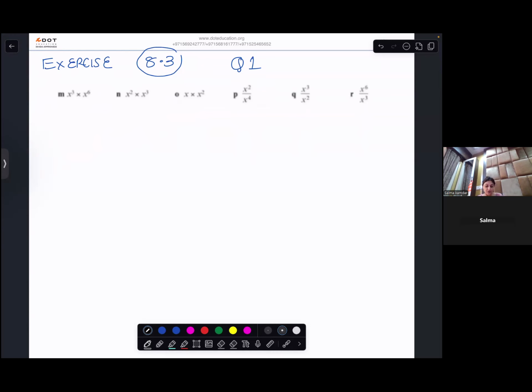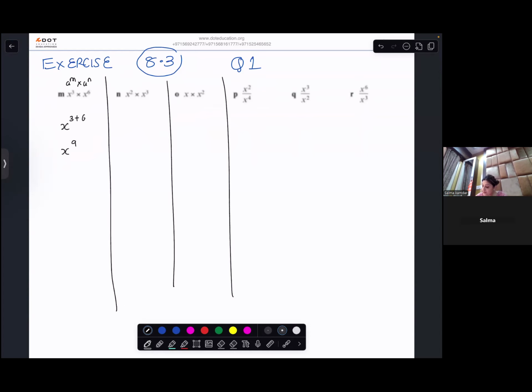So if I'm going to simplify the y, this is going to be a raised to m into a raised to n, that is a raised to m plus n. So it's going to be x raised to 3 plus 6, so it's going to be x raised to 9. I'm just simplifying the y so that you know that first you have to simplify the y.